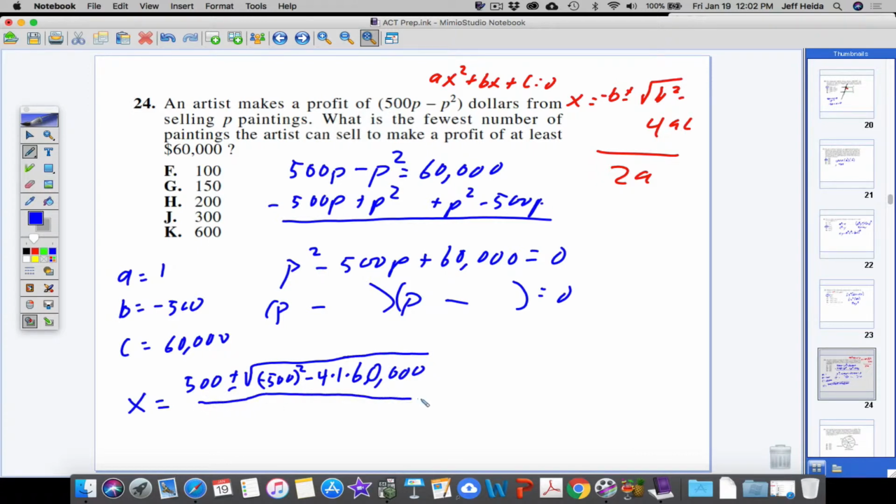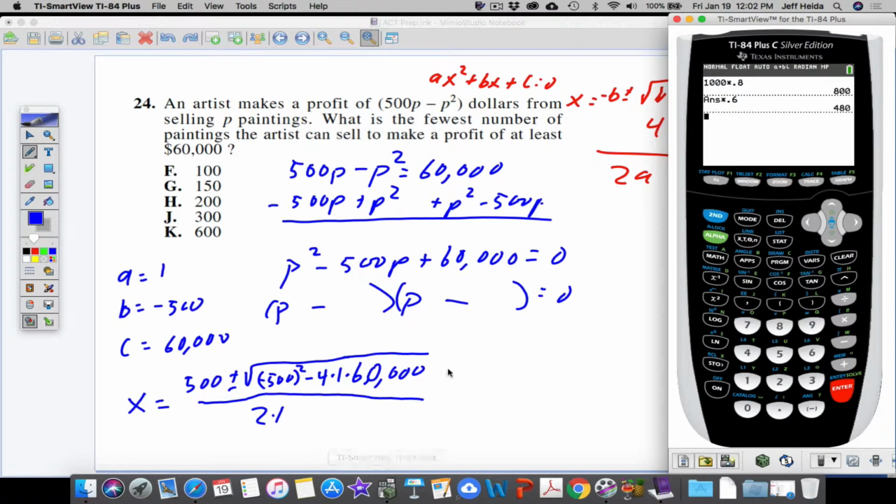And all this is under 2 times a, which is 1, so it's 2 times 1. So this is the equation. Let's put that into the calculator.